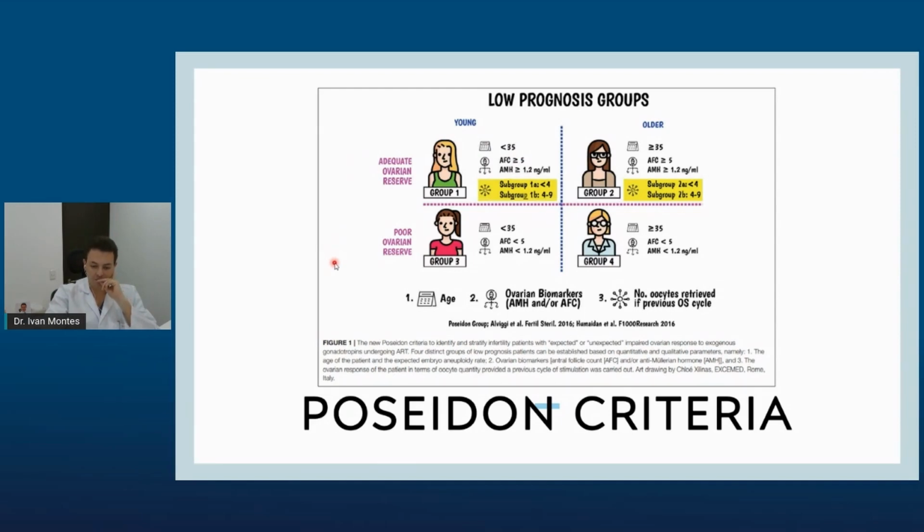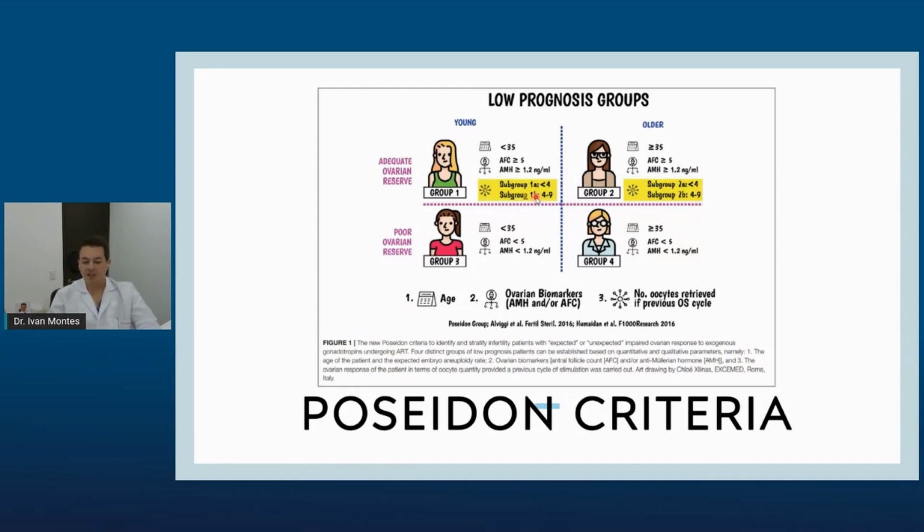And also, actually we have another subgroup in the adequate ovarian reserve, and that is patients that have already done a previous ovarian stimulation cycle and had less than four oocytes, or the subgroup B, 1B, where we can find at least 4 to 9 oocytes retrieved in a previous ovarian stimulation cycle.